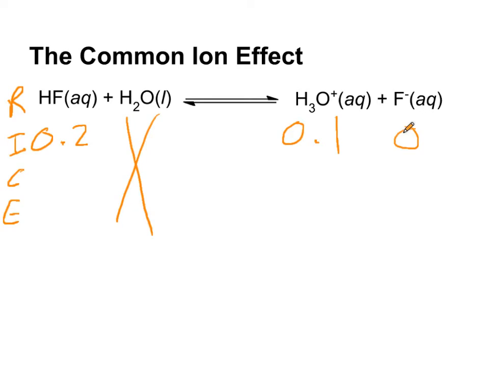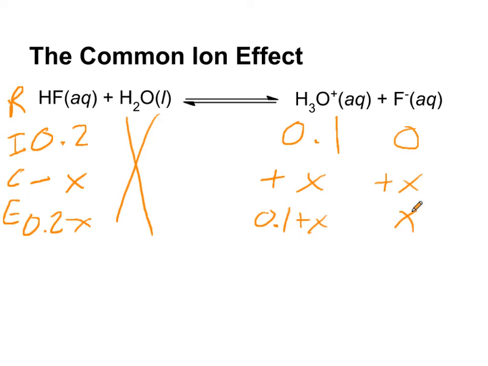We'd fill out the rest of the Rice table with x's, minus x. So at equilibrium we've got 0.2 minus x. We'd have plus x on the product side, so at equilibrium for hydronium it's 0.1 plus x, and plus x for fluoride, and at equilibrium fluoride is going to be x. Well, you saw the Ka value on the other page.